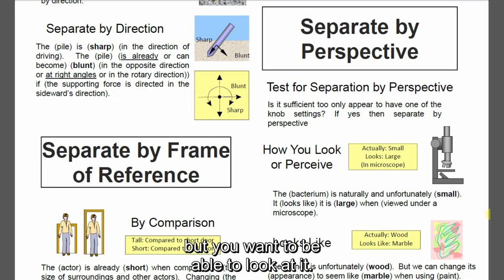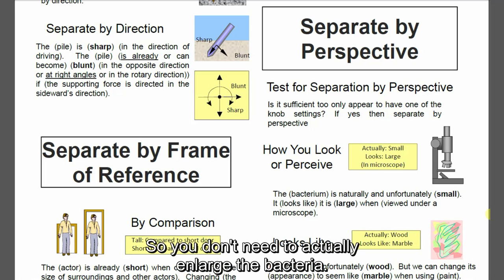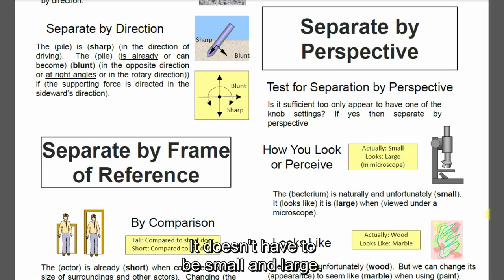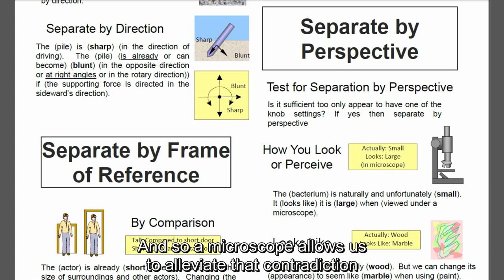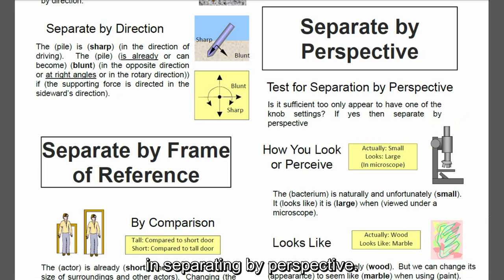But you want to be able to look at it, so you don't need to actually enlarge the bacteria. It doesn't have to be small and large, it just has to be small and visible. So it's enough that it look large, and so a microscope allows us to alleviate that contradiction in separating by perspective.